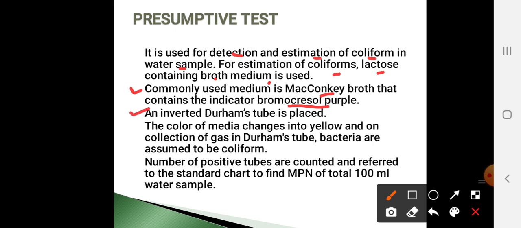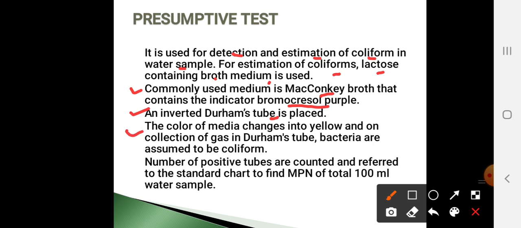An inverted Durham tube is placed in the tube because the microorganisms can also produce gas, and the gas production is seen in that Durham tube.